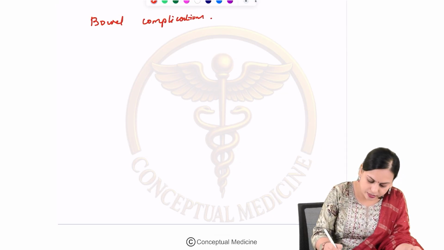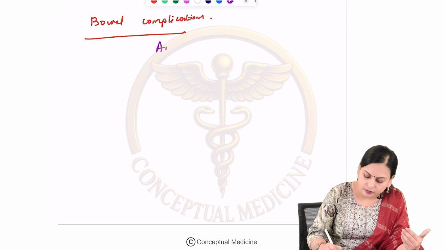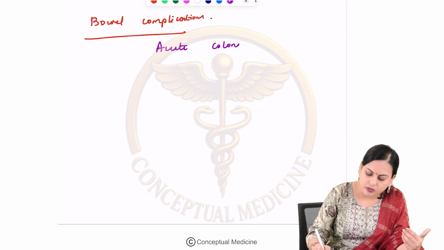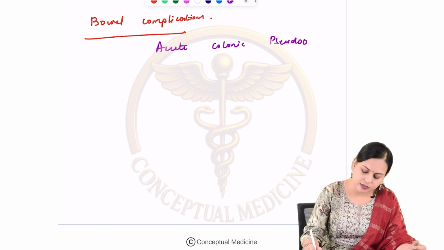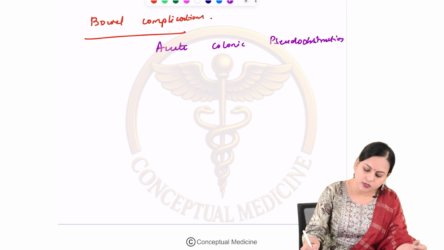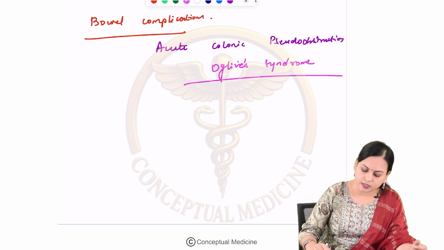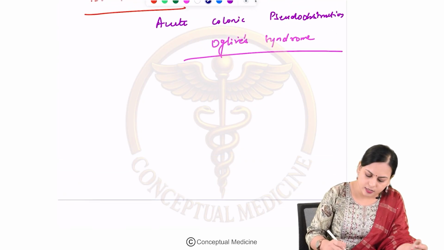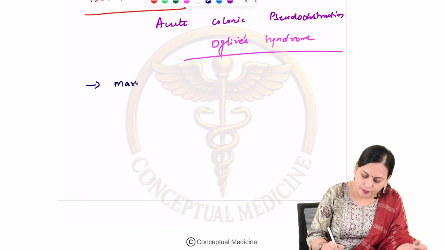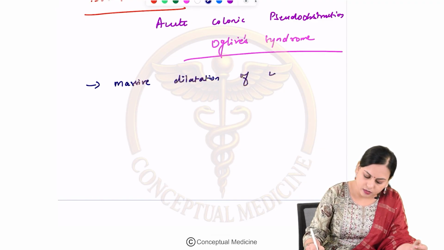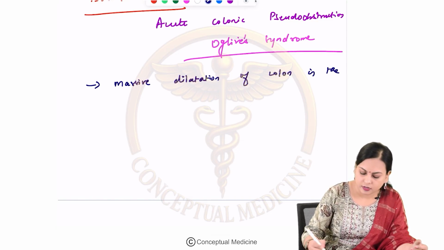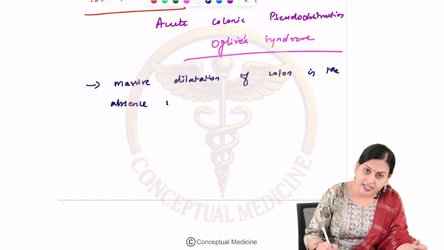In bowel complications, there can be acute colonic pseudo-obstruction sometimes, which is also known as Ogilvie's syndrome. Okay. Right. So what happens in this is, there is massive dilatation of the colon in the absence of mechanical obstruction.